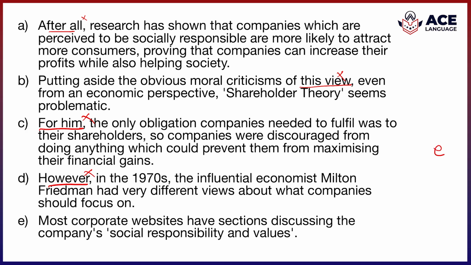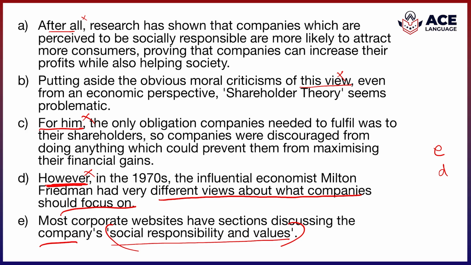Let's read it. Most corporate websites have sections discussing the company's social responsibility and values. Okay, let's talk about responsibility of values. Okay, now if I quickly skim it, I can see the influential economist Milton Friedman had a very different view about what companies should do. He had a different view, and we have however. So this is the next sentence of my pair.